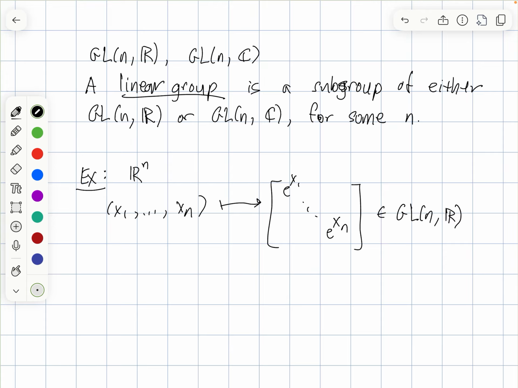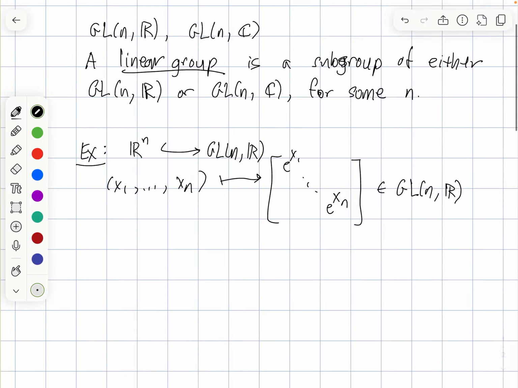So this embeds Rn. It gives an injective homomorphism from Rn into GLNR. Okay, it's easy to see that this is a homomorphism, right? Because e has the exponential property. Okay, so this is one way to do it.